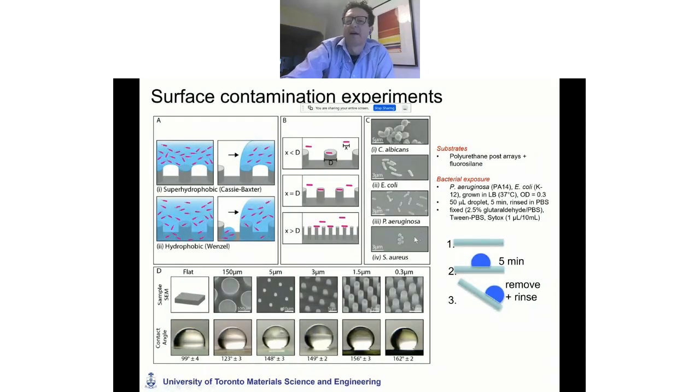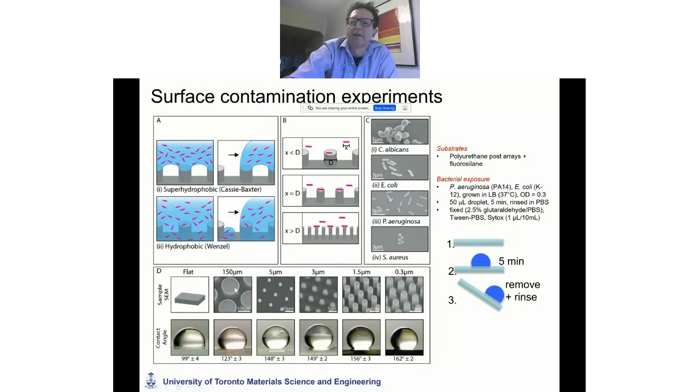And we've tested material surfaces that have a widely ranging size of surface topography, going from a flat control to very large posts. These are 150 micron diameter posts. We've got a few in between, down to 5 micron, 3 micron, 1.5, and down to 0.3 micrometers, so 300 nanometer size posts.